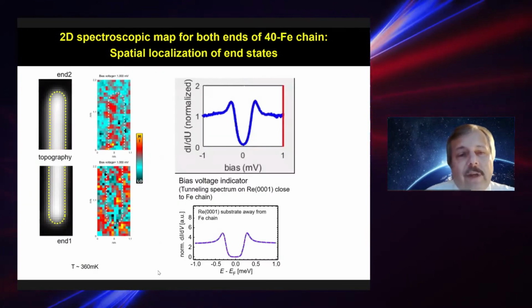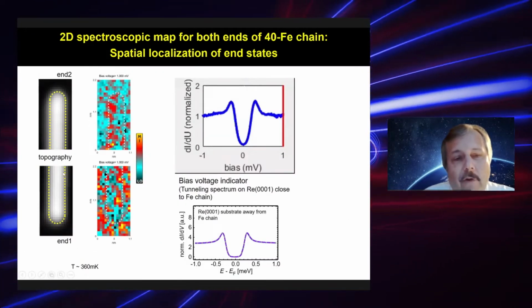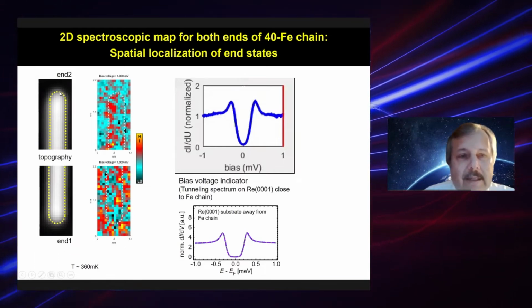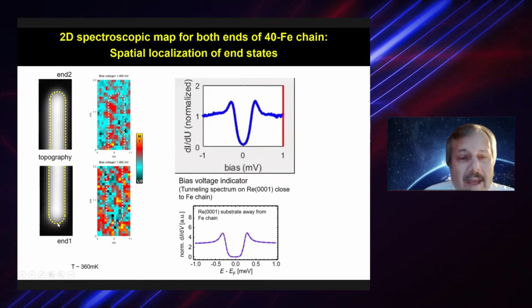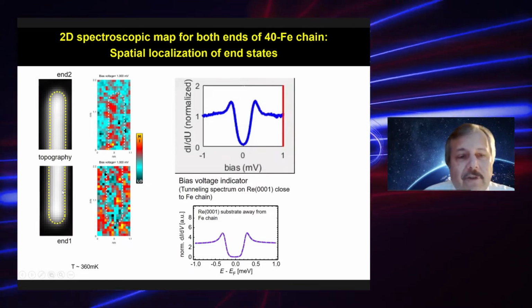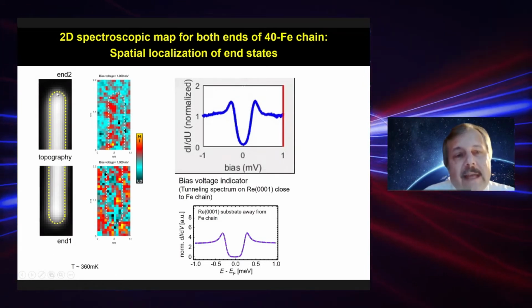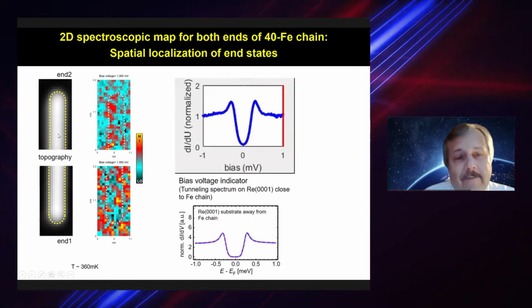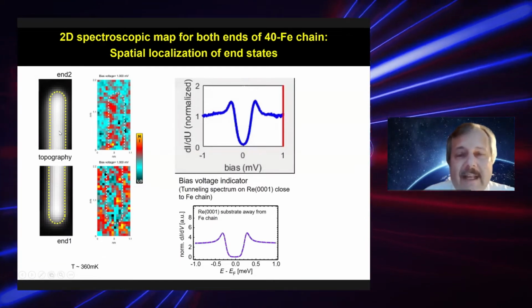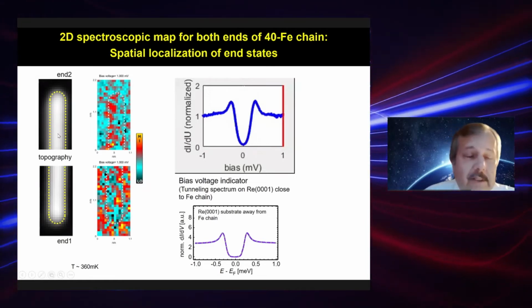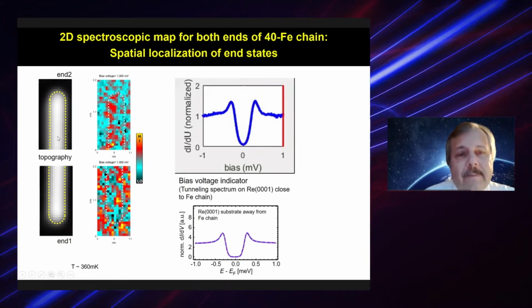It's extremely important to be able to look at both ends of a perfect chain, because these Majorana states are predicted always to appear in pairs. That means if we have Majorana states, they have to show up simultaneously at both ends of a perfect chain. And we have to make sure that there is not even a single impurity in this chain, because these impurities might also, of course, induce low energy states.